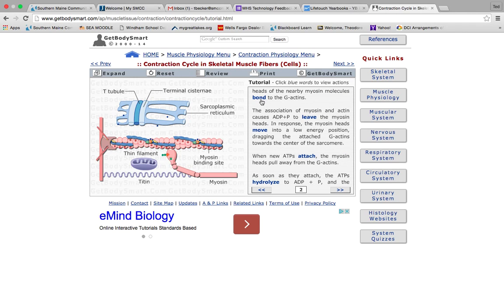Okay, so as soon as they do that, see the myosin head binds there? Now, here's this energy molecule, and when the myosin head binds here, it actually causes this ADP, the low energy molecule, and the phosphate to leave.